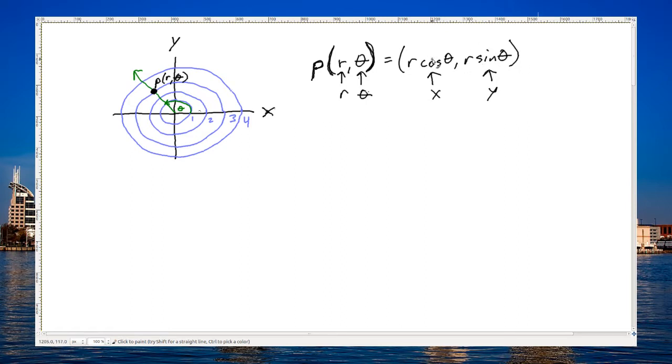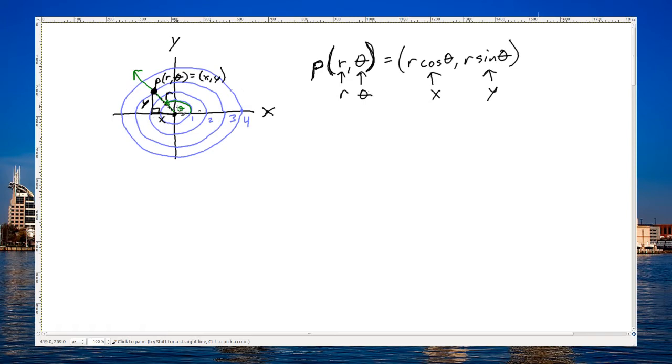Now, where does this formula come from? Well, that just comes from the fact that we're dealing with right triangles. So if this distance from the origin out to the point is indeed that r, and this is my theta, then this is my y coordinate, the vertical distance, and this is my x coordinate, the horizontal distance.